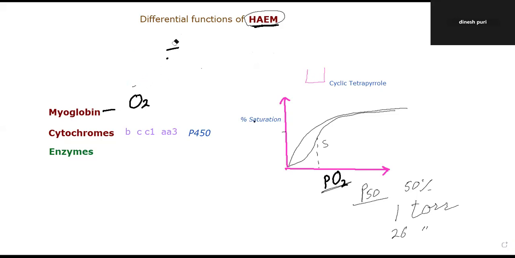Now coming to cytochromes. Cytochromes transmit electrons in the electron transport chain: b, c, c1, aa3. They are involved in transmittance of electrons from one carrier protein to another, from one cytochrome to another. It is the heme which is responsible for transmittance of electrons.